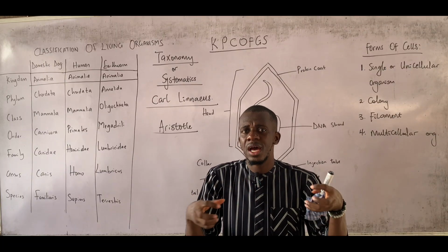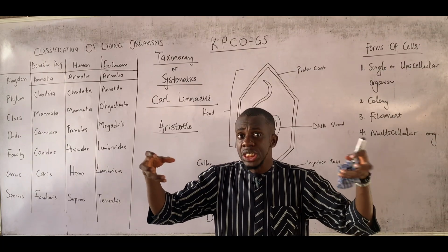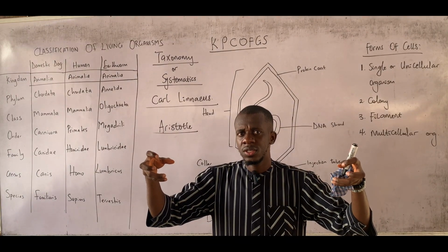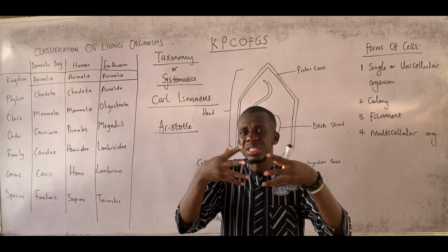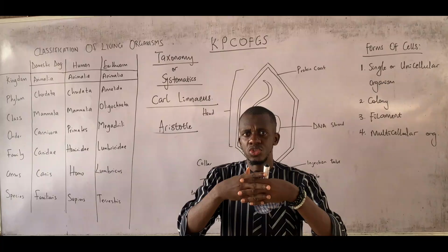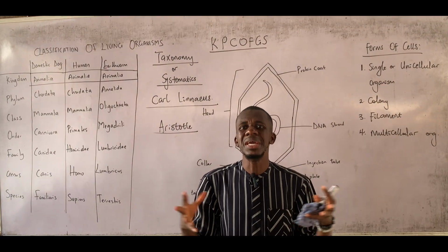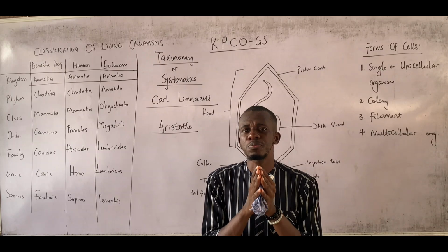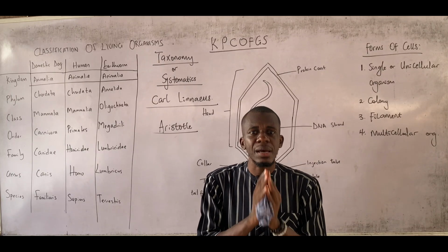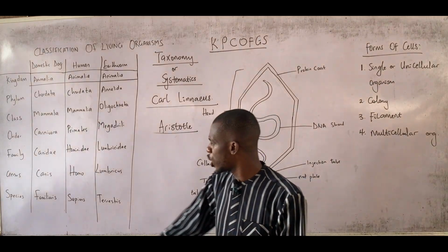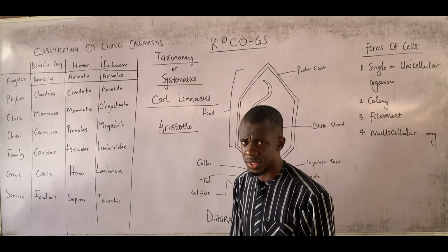That coming together of different breeds is what we call interbreeding. So if a bull mastiff and a cane corso mate, that is possible because of interbreeding, and interbreeding is only obtainable among species.